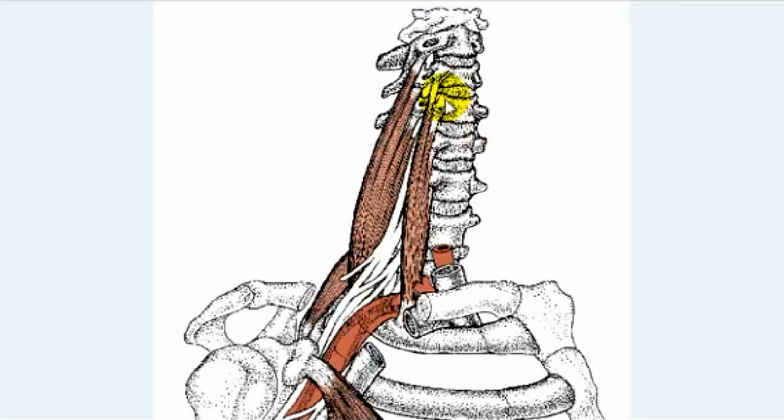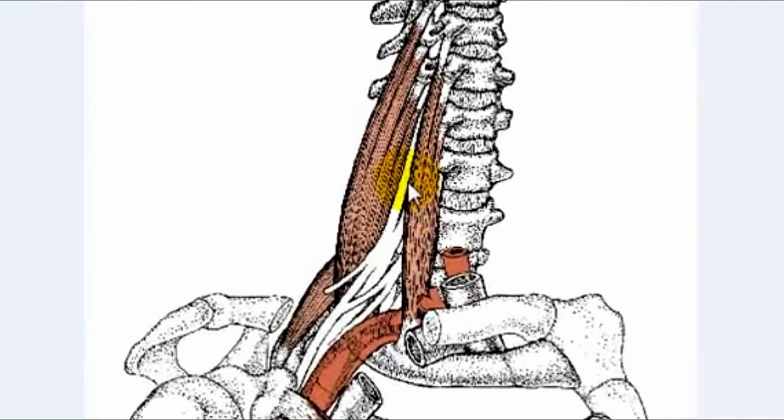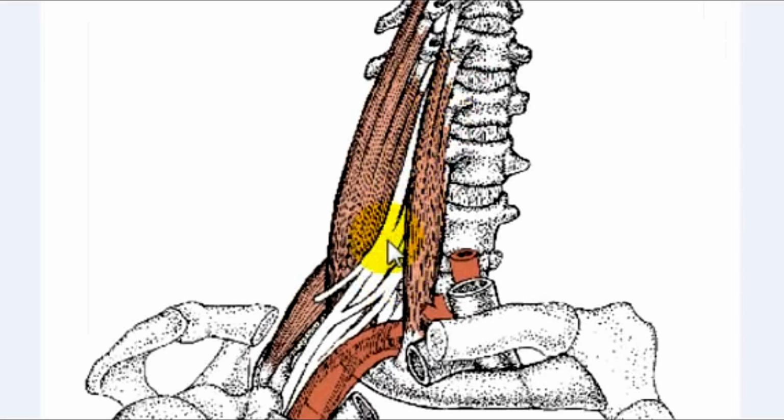If you look at this excellent picture, you can see that here is the anterior scalene, here is the medius, and running out between them is the whole brachial plexus, which is all the nerves that come out of the cervical spine, run across the top of your neck, slide over the first rib, running between the insertion of the two muscles, and then run down your arm together with the artery and the vein supplying the arm with blood and with messages from your brain down and messages from the arm back up.